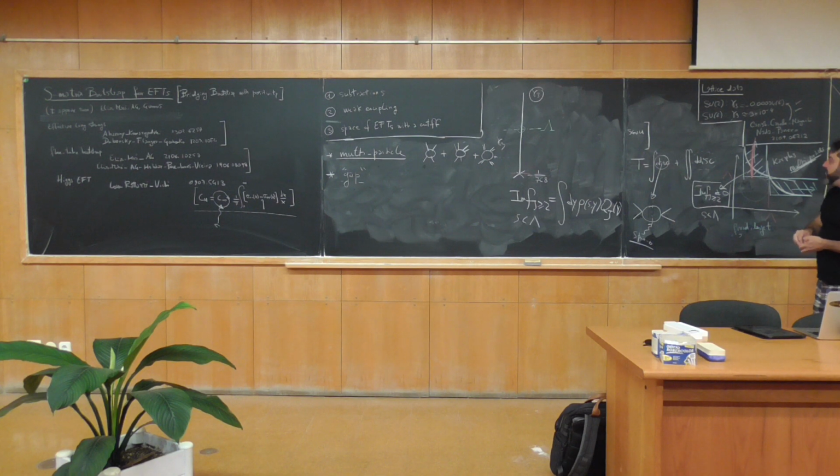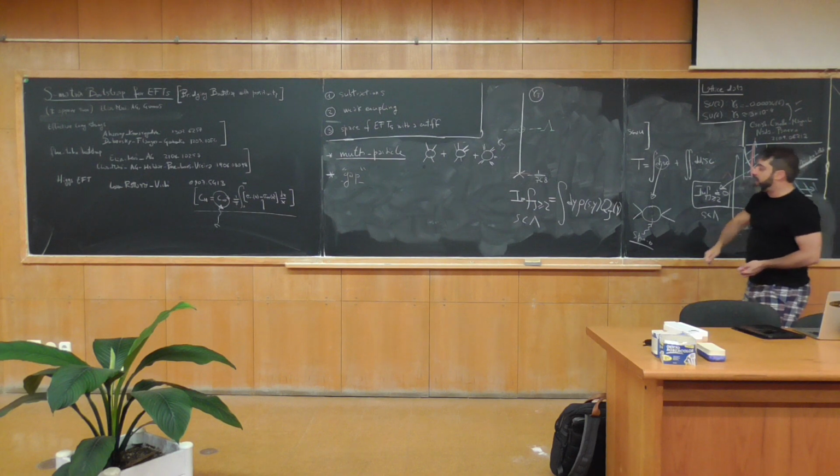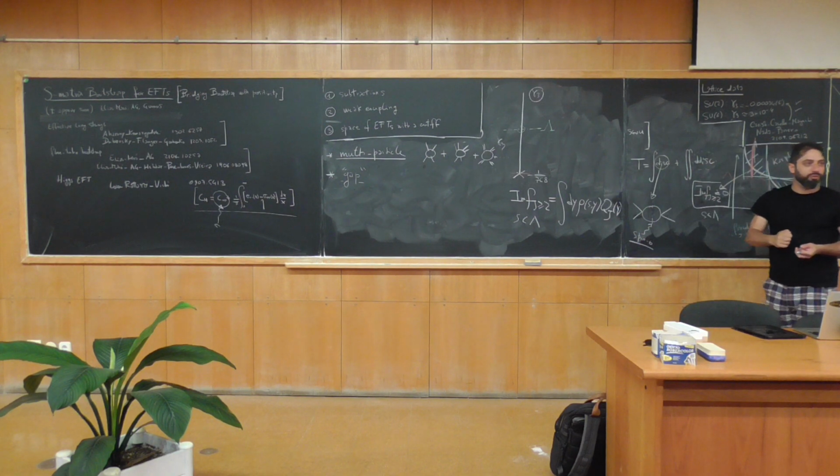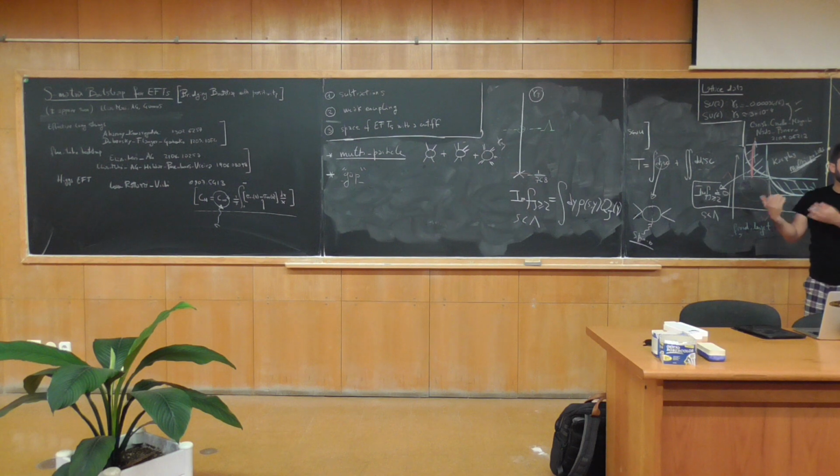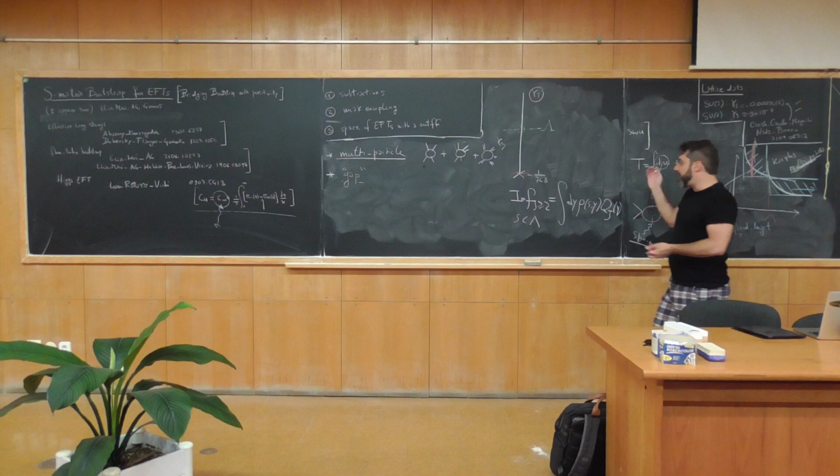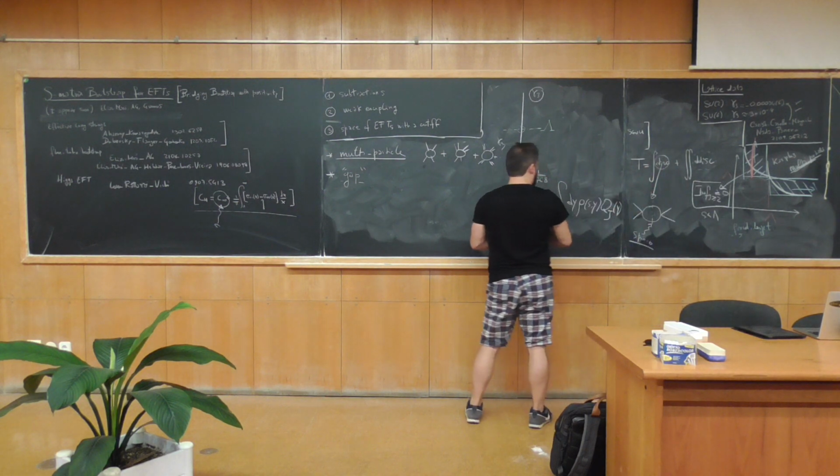But if you keep it free, this double disk can fluctuate a lot and give a huge imaginary part to the higher spins, which is something you don't want in the effective field theory. So the sharpest thing you can do is set the double disk to zero.